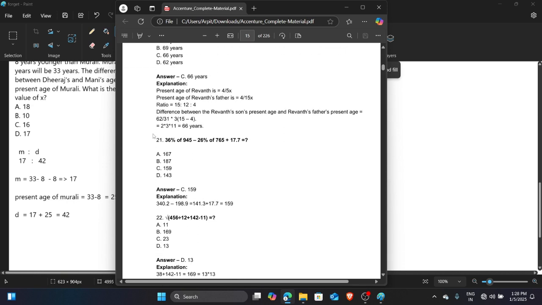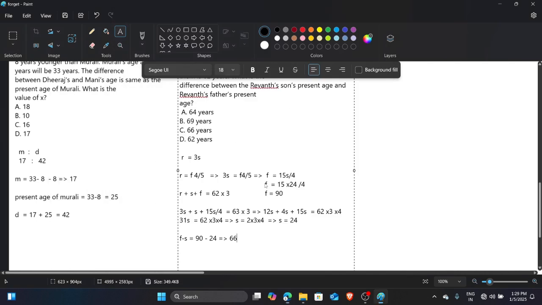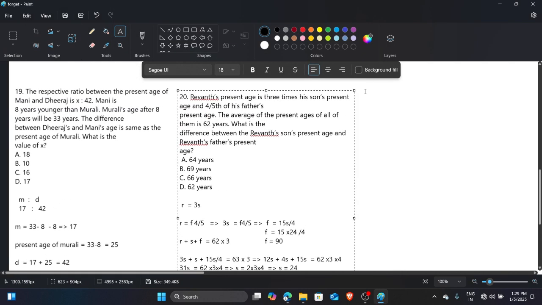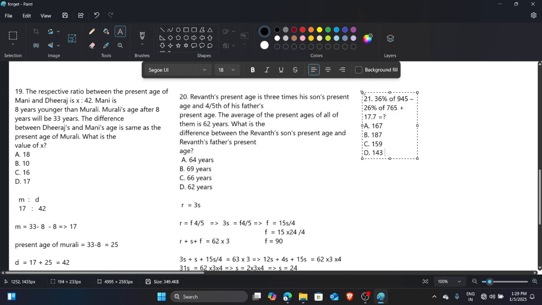Now the next question. Yeah, this is too easy, so we try to do it here only. 36 by 100, percentage means upon 100.